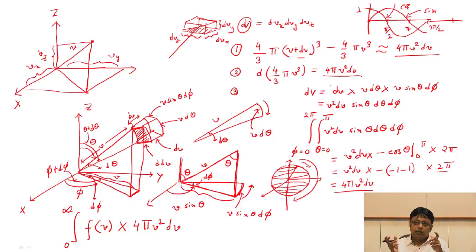But v is now the magnitude of the velocity, independent of direction. That's why we did all this calculation, because we are interested in the speed distribution, not the velocity distribution. Speed is just the magnitude of velocity, which cannot be negative, so it goes from 0 to infinity, and that integration should give me 1.